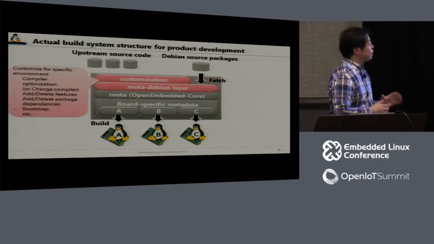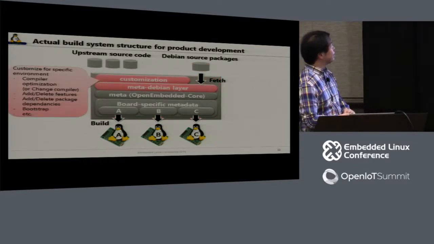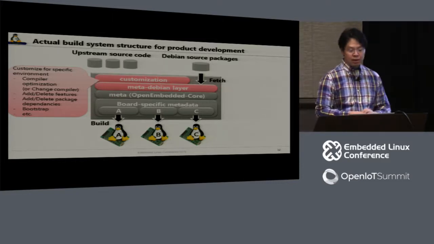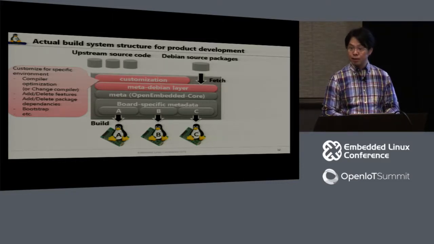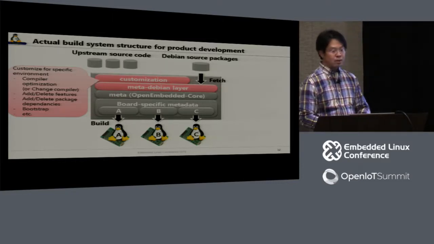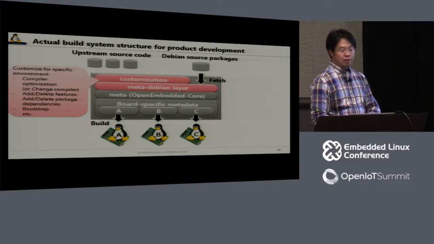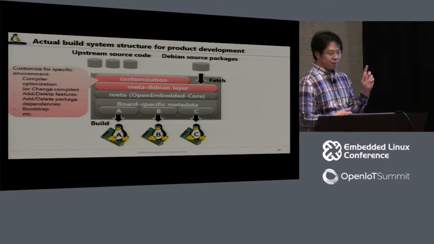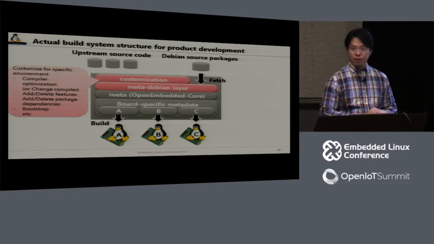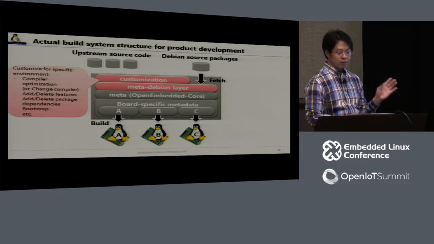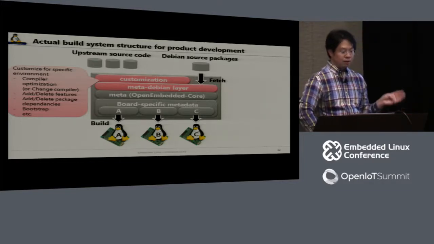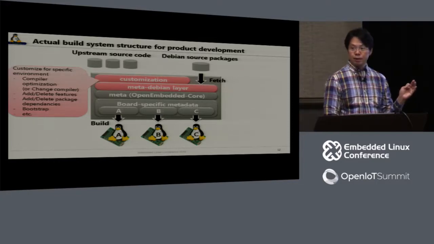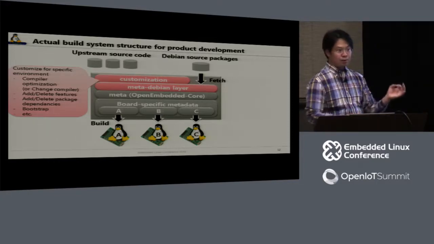And when actually using this meta layer for production development, we also need to customize this layer. The customization includes, for example, compiler optimizations, adding or deleting features for each package, and also adding or deleting a package itself.